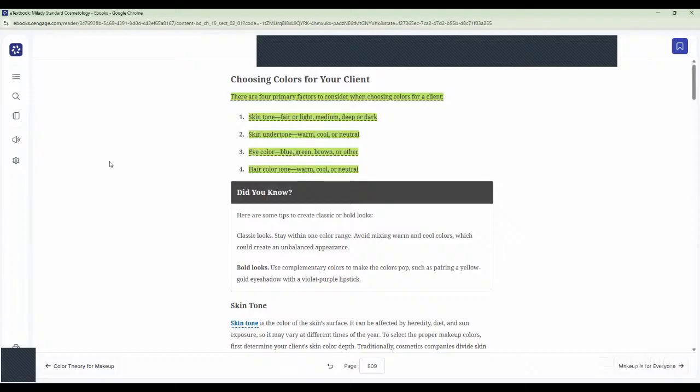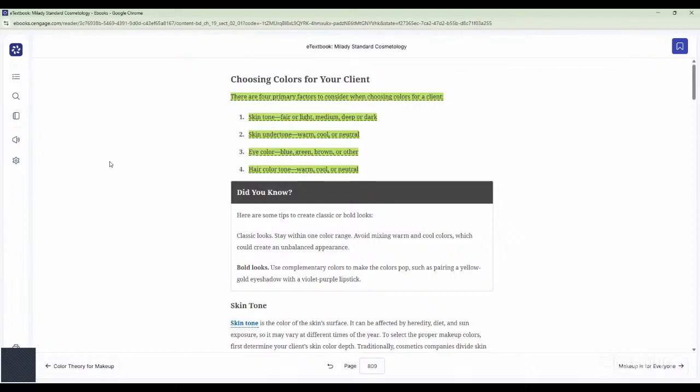Although we see one shade on top, there is an underlying base on the bottom. Right under that skin, there's an undertone that is warm, cool, or neutral. And then there's eye color. What's your client's natural eye color? Blue, green, brown, or other.